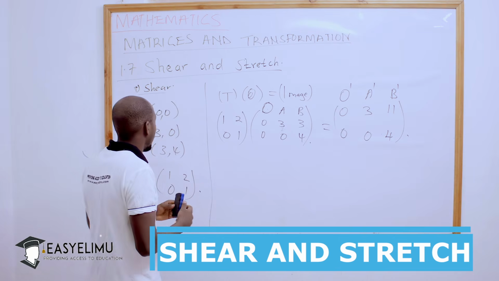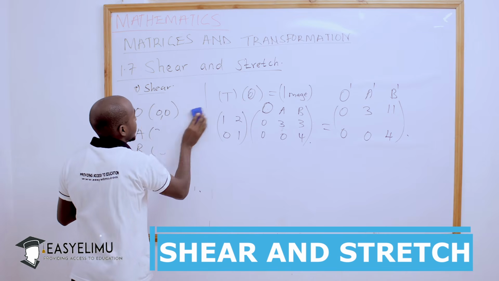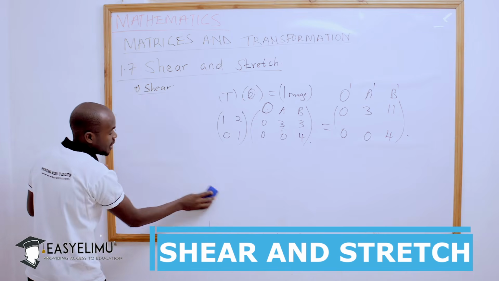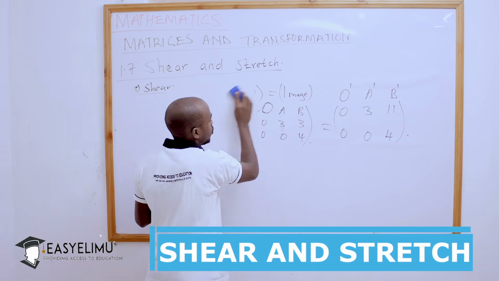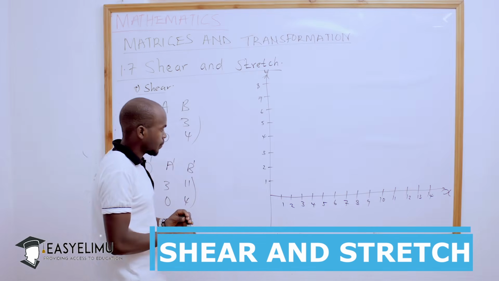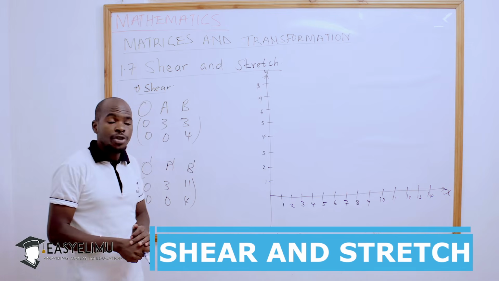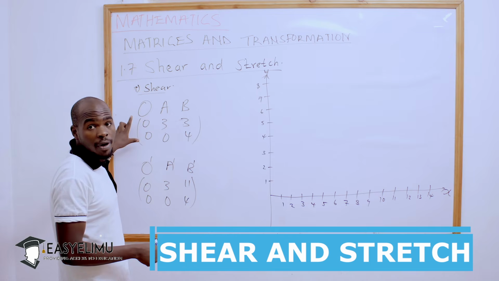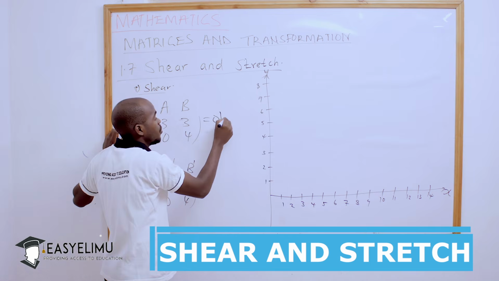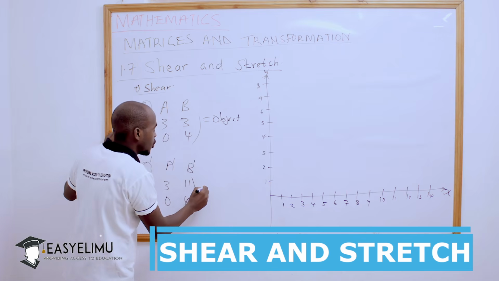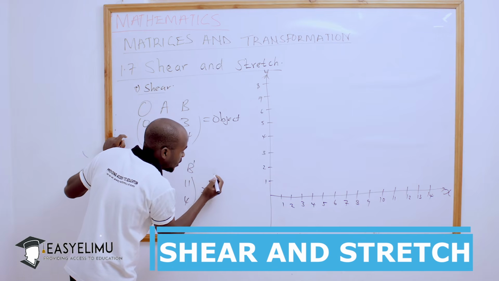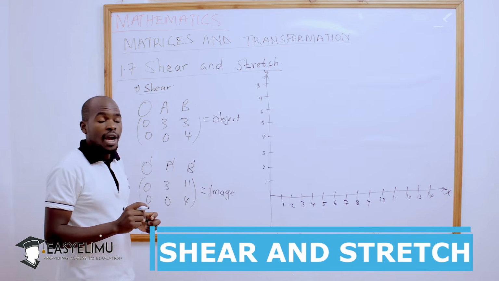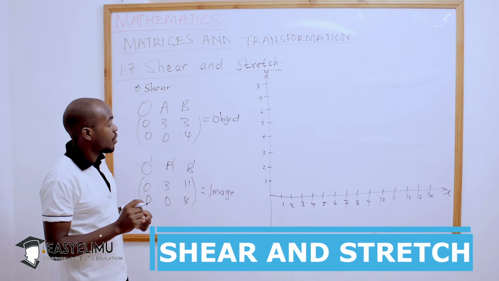We are going now to draw a Cartesian plane, plot the points of the object triangle and also plot the same points of the image on the same Cartesian plane, and see which kind of transform took place.